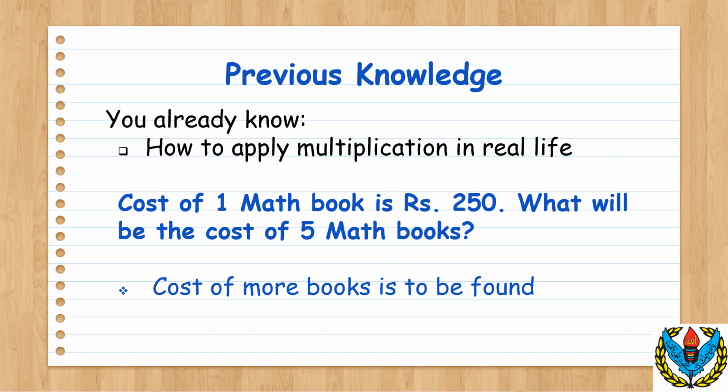When you're given one value and you have to find that value for multiple things, we always multiply. In this case, 5 will be multiplied by 250. That will give us 1250.